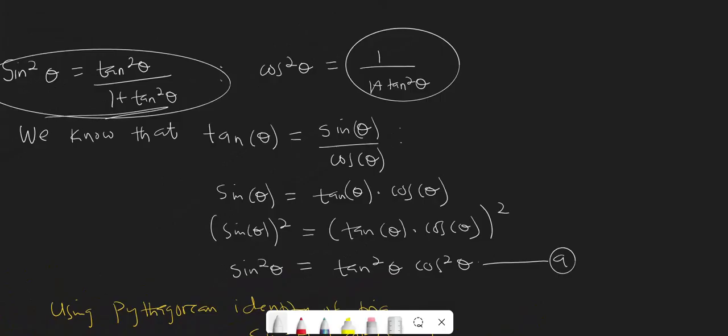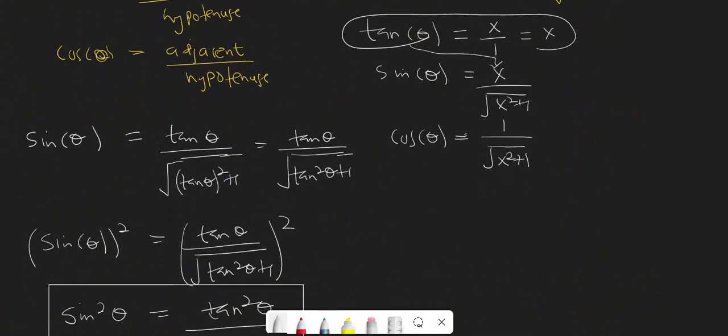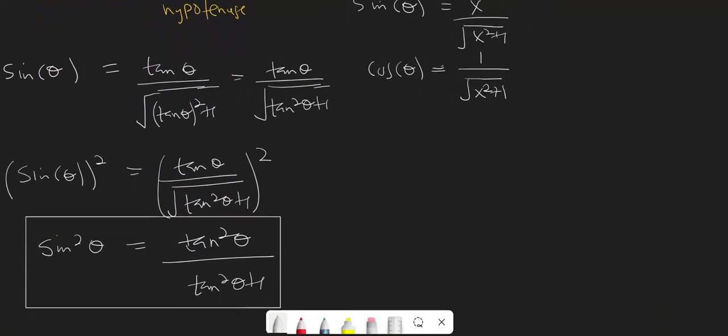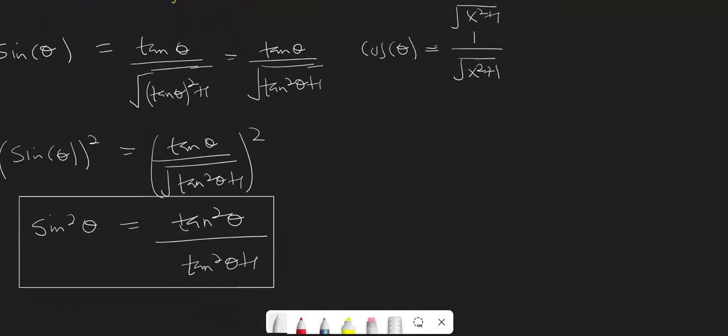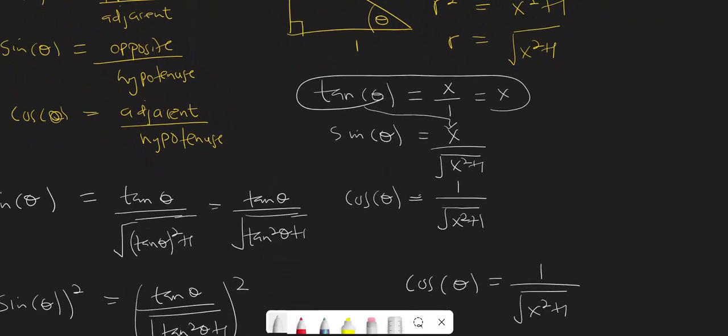Now let's use the same right angle triangle to find the proof for cosine theta. We know that cosine theta is equal to 1 over the square root of x squared plus 1 from our right angle triangle.